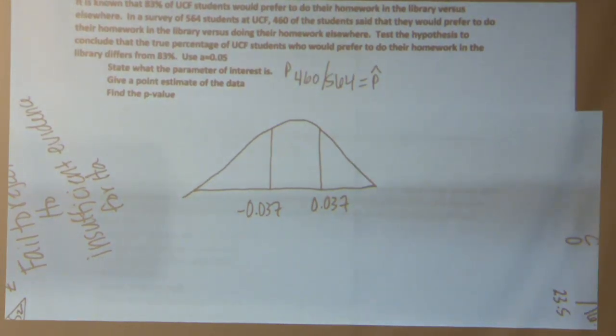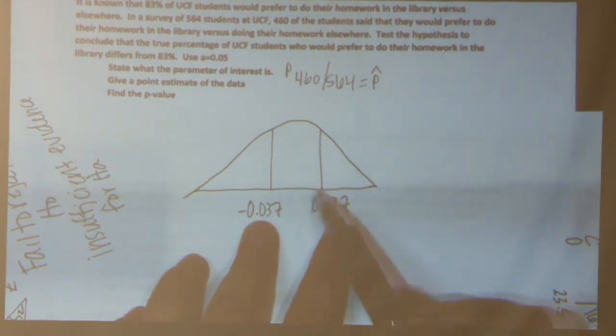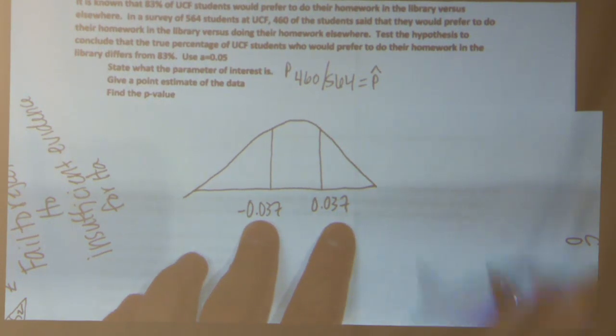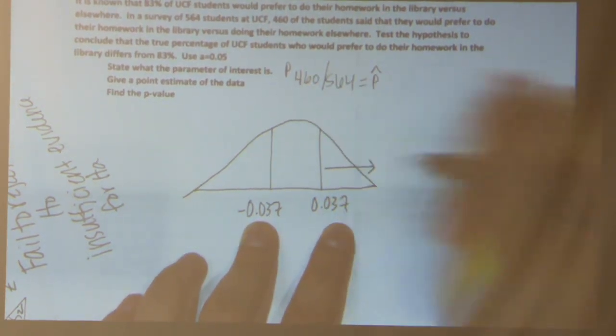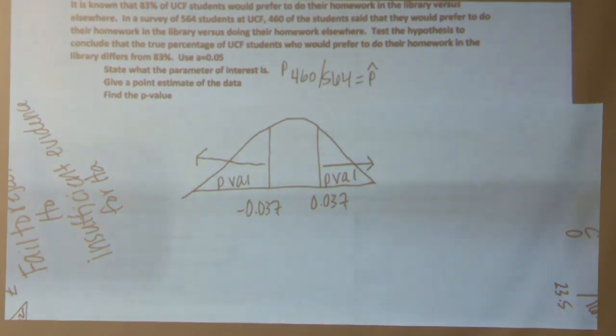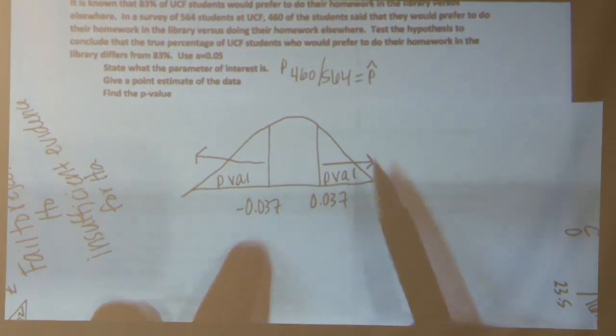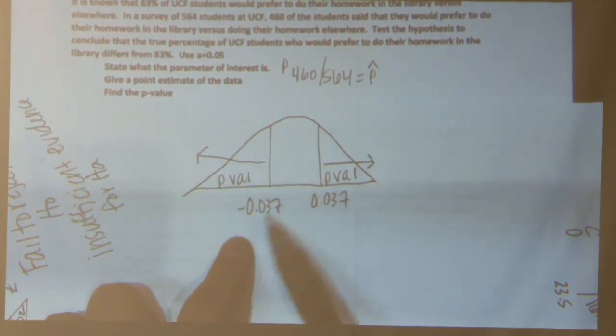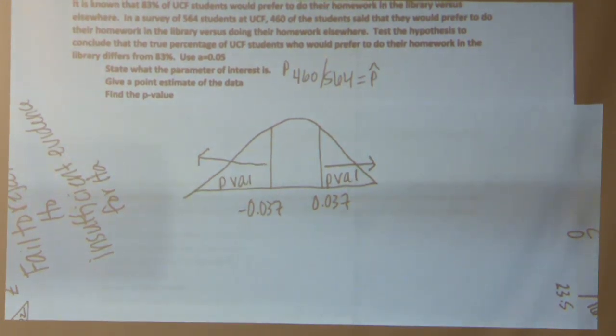The only time when you're going to have two test statistics is if it's a two-tailed test. So once we've placed these on our new charts, the p-values are going to be everything to the right of the positive one and everything to the left of the negative one. And since these are z-scores, you can use your z-charts to look up these values and find your corresponding p-values.